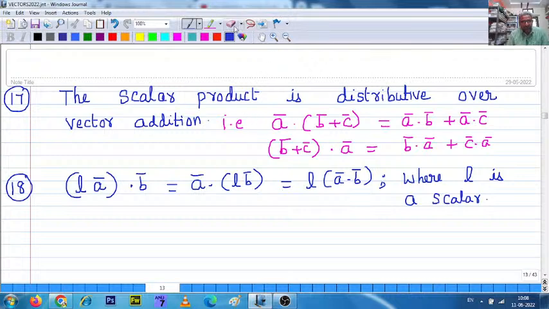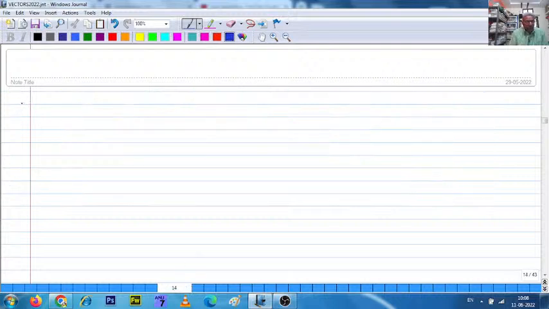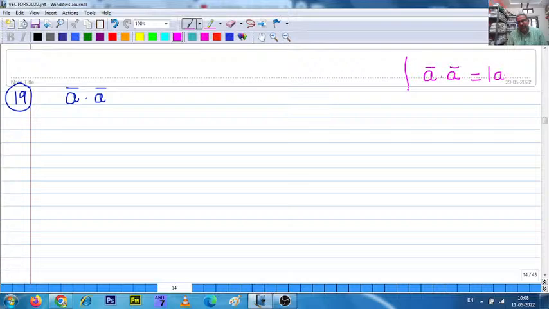Next, inequality properties we need to discuss now. Inequality properties, this is also very important. A dot A. My dear students, what is meant by A dot A? Just now we had a discussion. A dot A is nothing but modulus of A whole square. Modulus of A is nothing but the length of the vector.